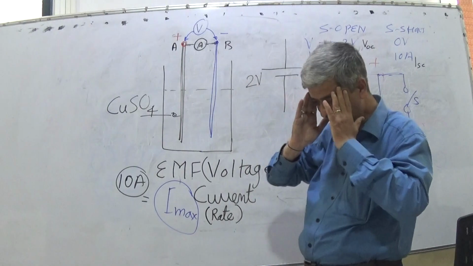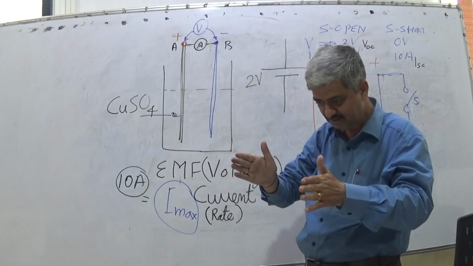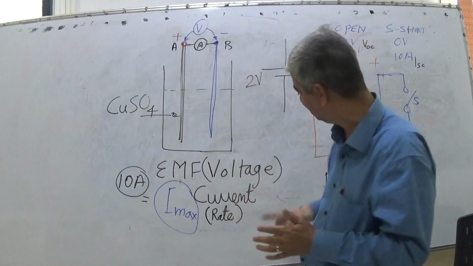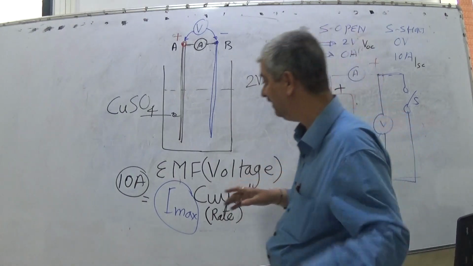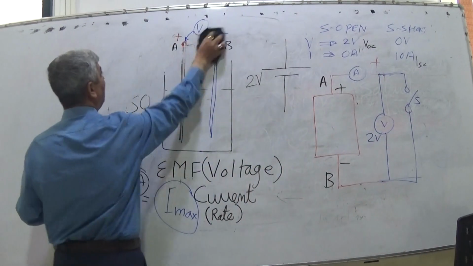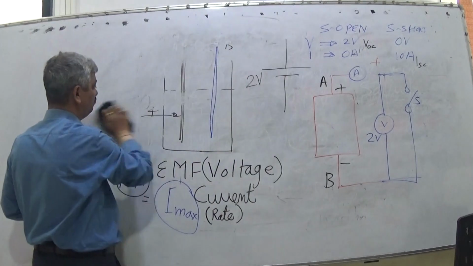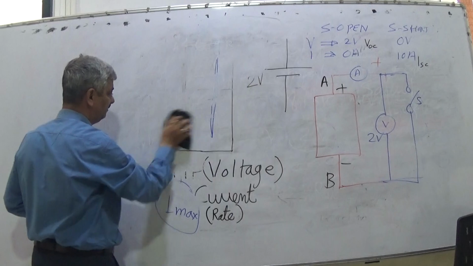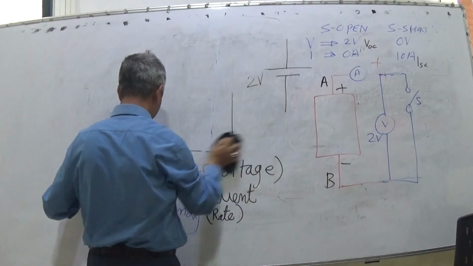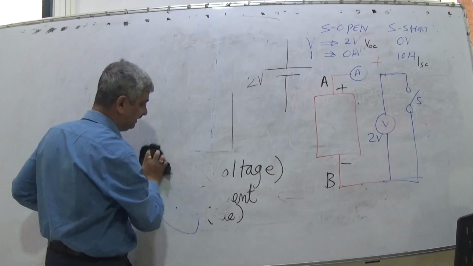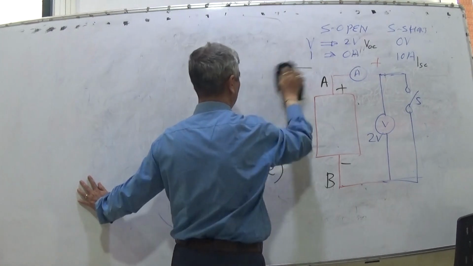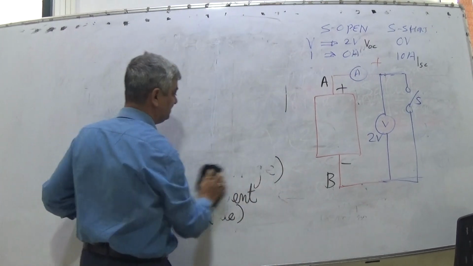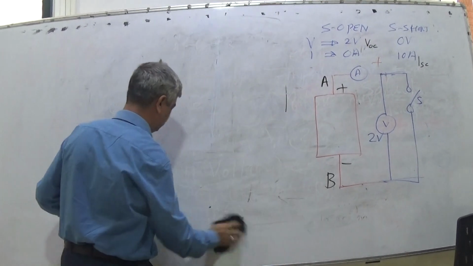So I will try to model something between A and B. What is there between A and B which gives me this? That is called a practical voltage source. A chemical cell is a practical voltage source.